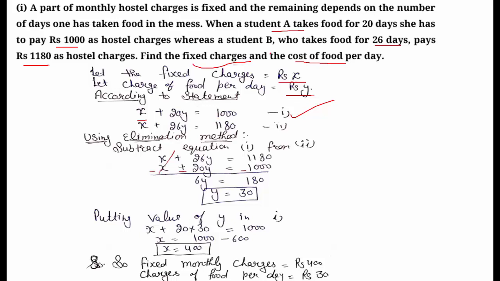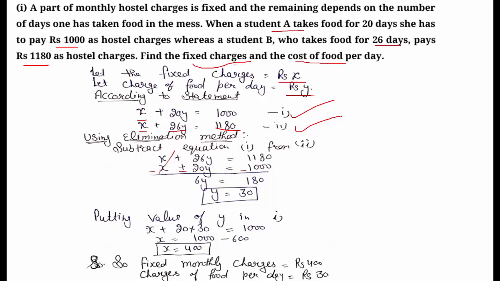And now for student B, it is given that he takes the food for 26 days. Now the fixed charge x and the charges for 26 days will be 26y, and the total charge equals 1180 rupees which is given. We equate it, and this will be the second equation.